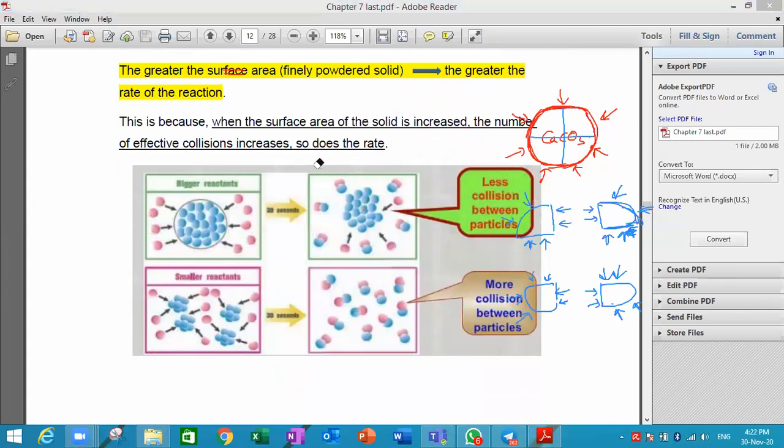Here we have the lump of calcium carbonate, and the pink ones are the HCl reacting with it. We will see that after 30 seconds, only the molecules at the surface of the calcium carbonate react with the pink ones and form the product. The inner molecules did not collide with the other reactant.